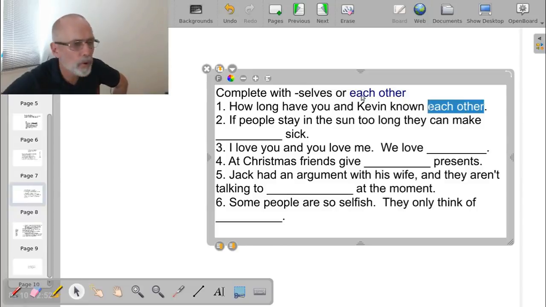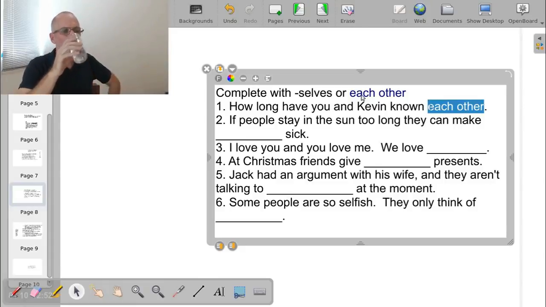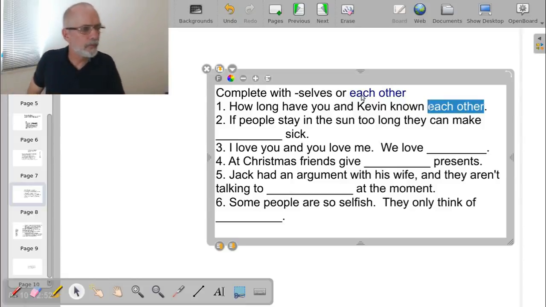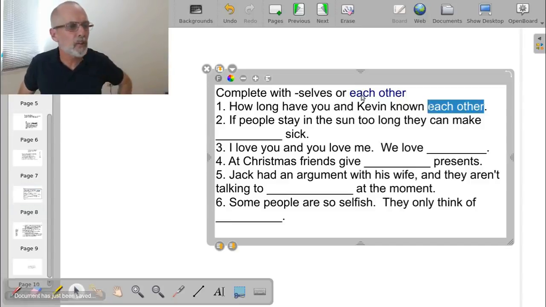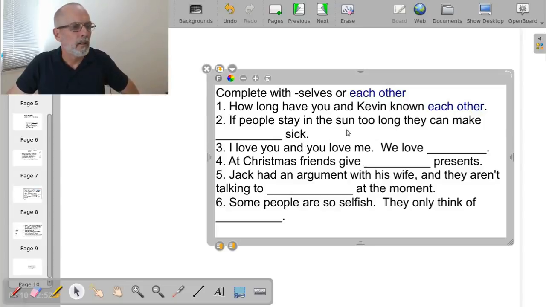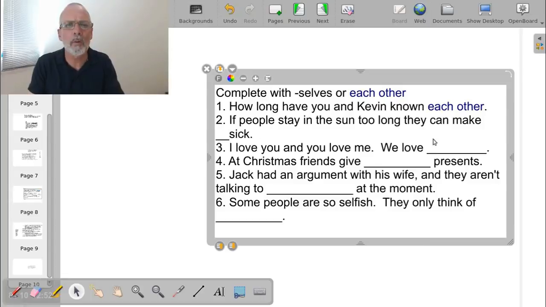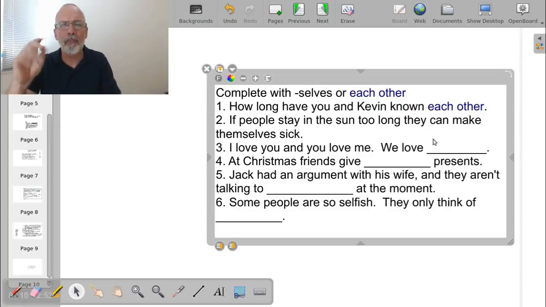Number two. Who's got the answer to number two? It doesn't look like it, so I'm going to put the answer here because I don't want to waste too much time with it. Themselves. People here is plural.